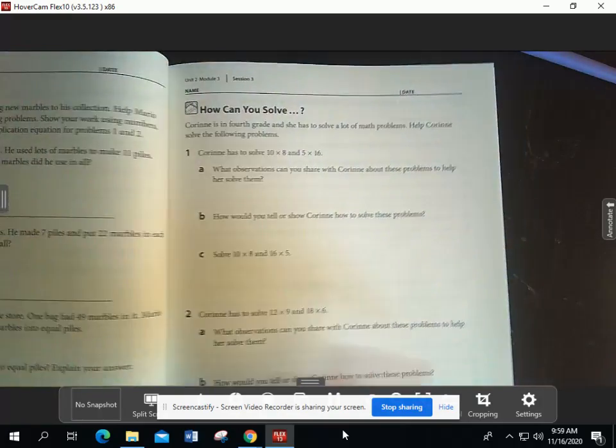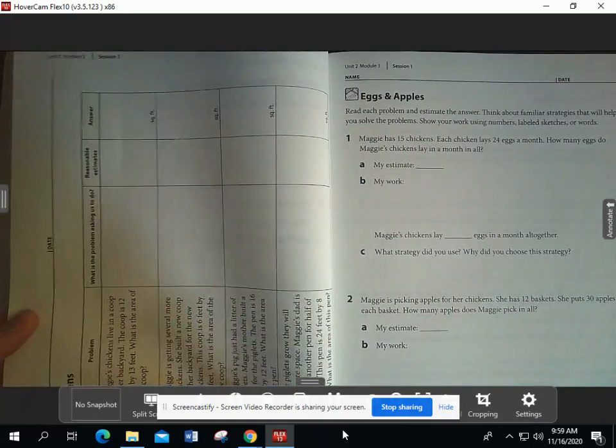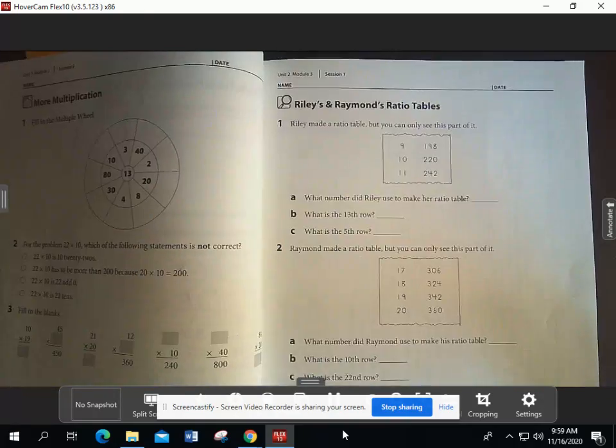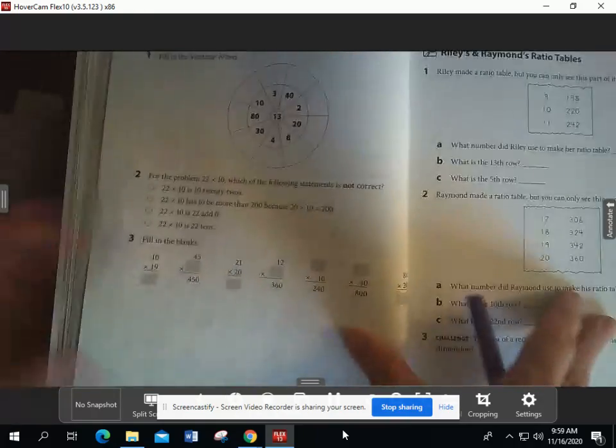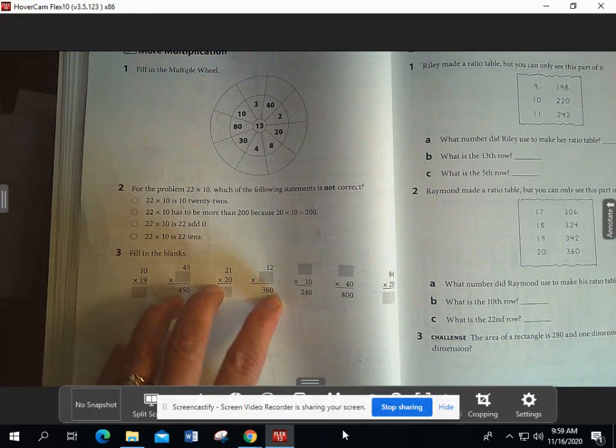Notice that this lesson goes on for a while. So today we're going to work this through. We're going to see how far we get with this. When we get back from gym class, some of you are working on this. Some of you are finishing your assessment that you didn't finish last Thursday before we get into social studies.